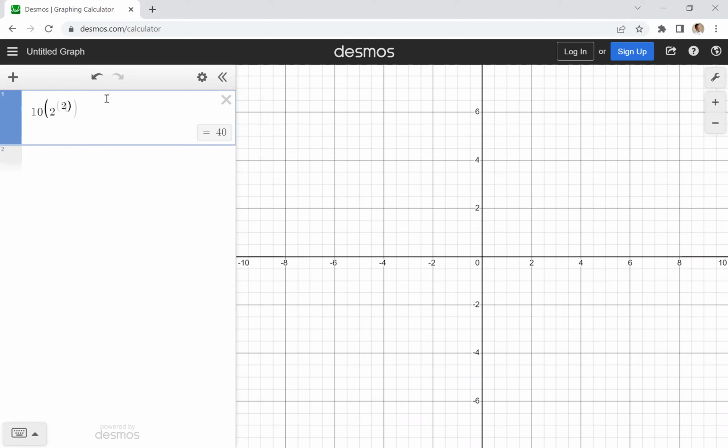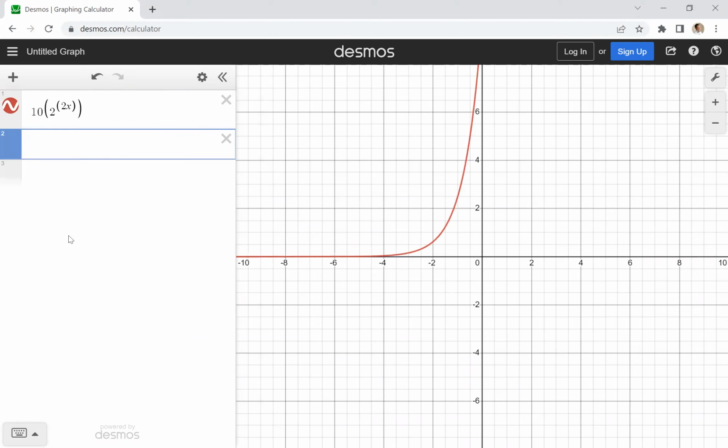Instead of using t, I'm going to use x there. Another model is 10 e to the power 1.3863 x. They're the same graph. Pretty cool, huh?